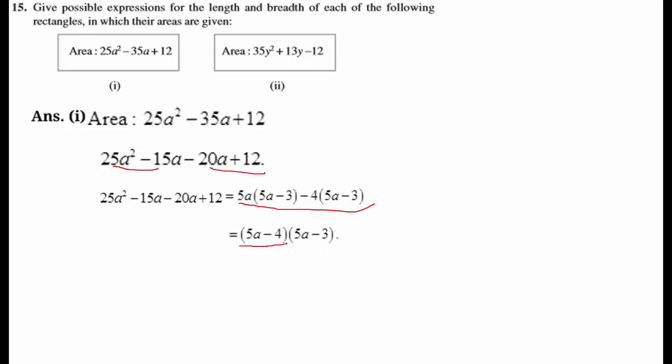These two are the possible values of length and breadth. Comparing with area equals length into breadth, we find that length equals 5a minus 4 and breadth equals 5a minus 3. Similarly, in the second part, we will apply the splitting the middle term method and find the length and breadth of the rectangle.